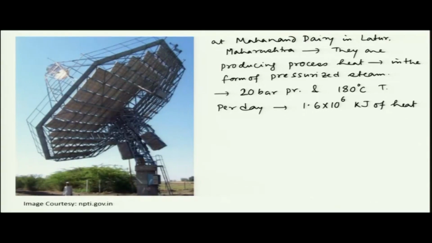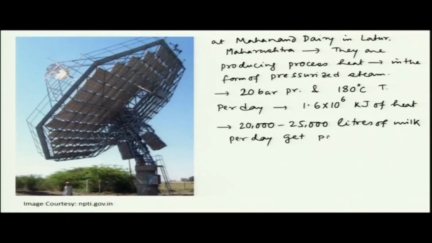It is just converting solar energy into this, and what can it do? It can do 20,000 to 25,000 liters of milk per day get pasteurized. Okay. So, that is a very practical example that we have.